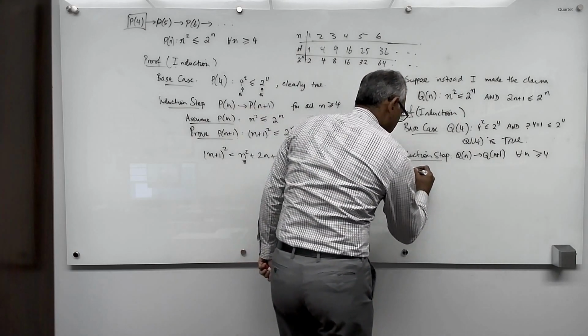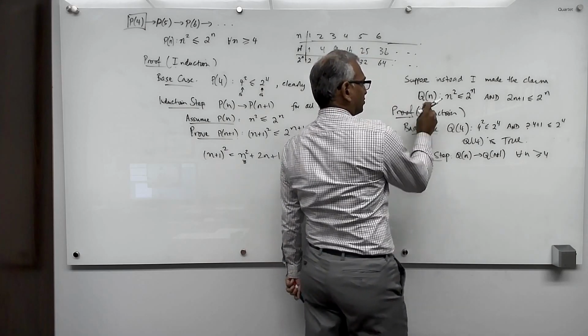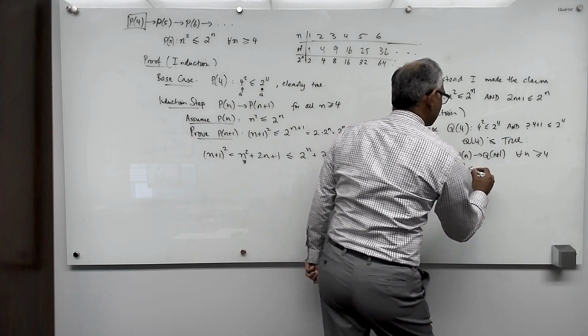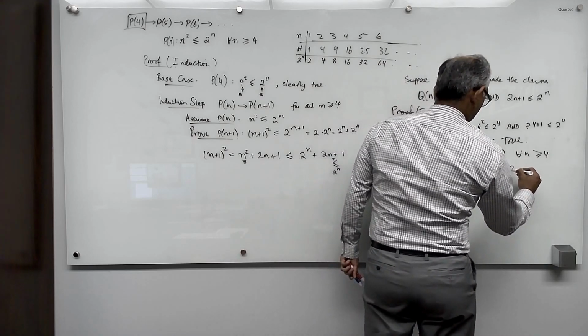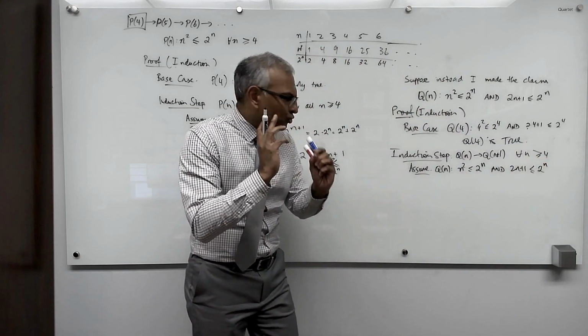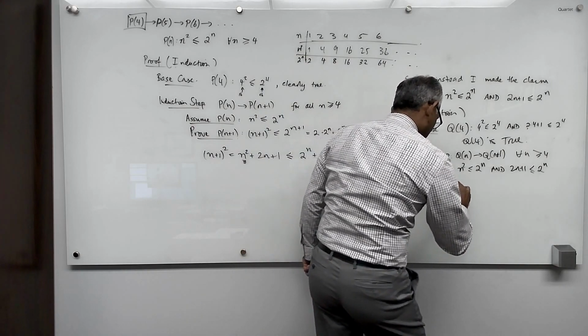So I get to assume, what do I get to assume? I get to assume Q of n. So I get to assume that n squared is less equal to 2 to the n, and 2n plus 1 is less equal to 2 to the n. Now I need to prove Q of n plus 1.